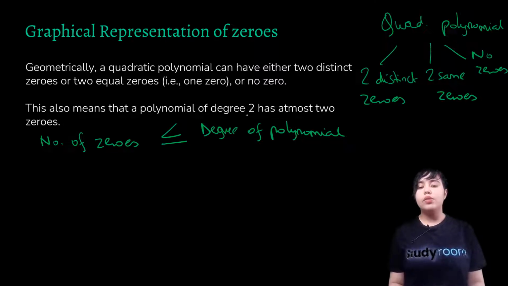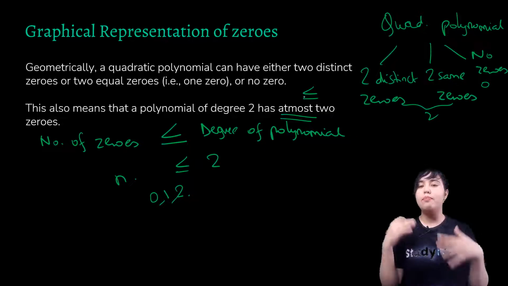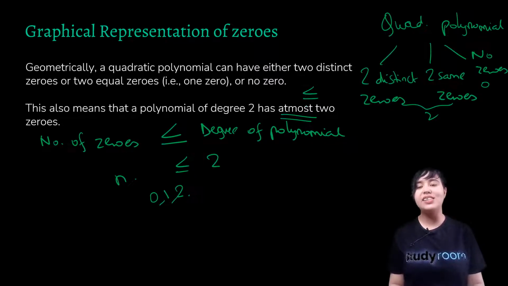So if the degree is 2 for a quadratic polynomial, the number of zeros would be less than or equal to 2, which means you can have 0, 1, or 2. And that's exactly what we saw, 0 and 2 in these cases. So a polynomial of degree 2 will have at most, meaning less than or equal to, maximum, opposite of at least, 2 zeros.